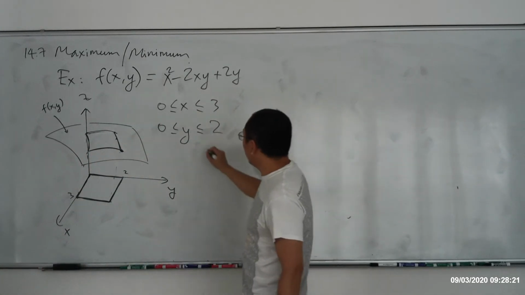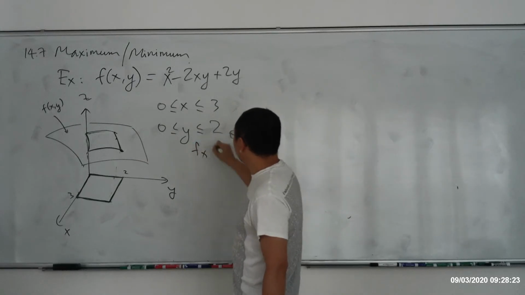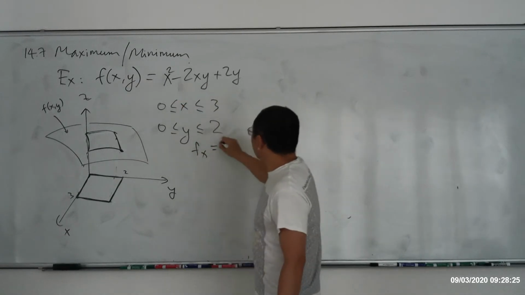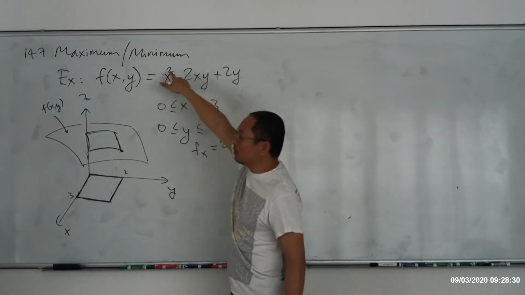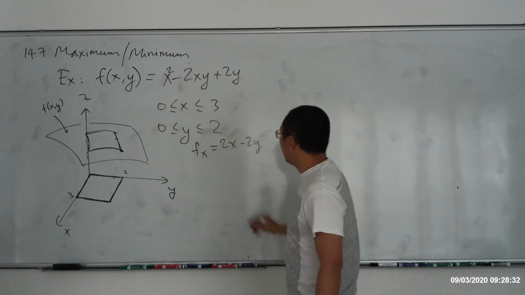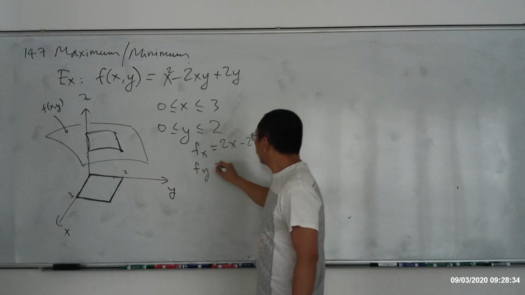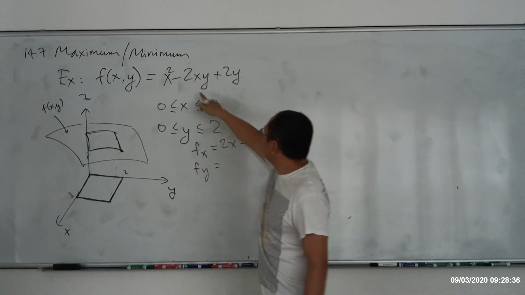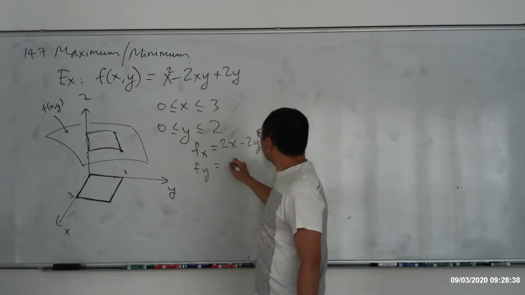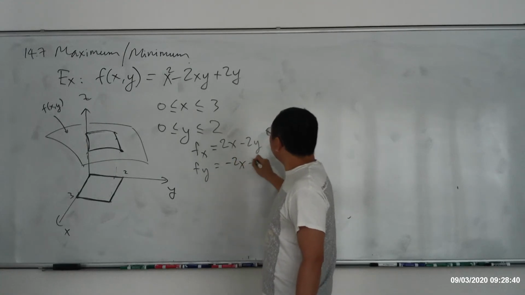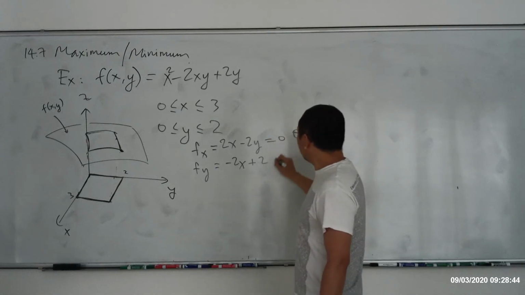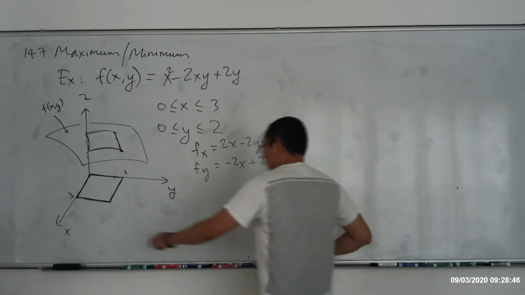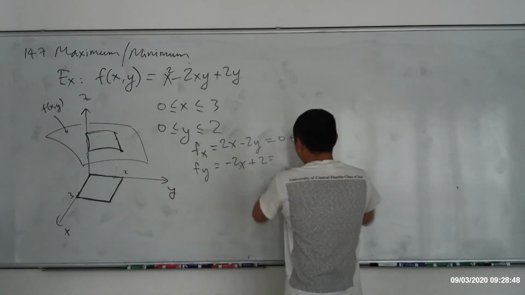As usual, we start with the first partial derivatives. Fx is 2x minus 2y, right? X squared derivative 2x, this is 2y. And Fy is negative 2x plus 2. And then you set Fx equal to 0, you set Fy equal to 0, you try to solve for x and y.